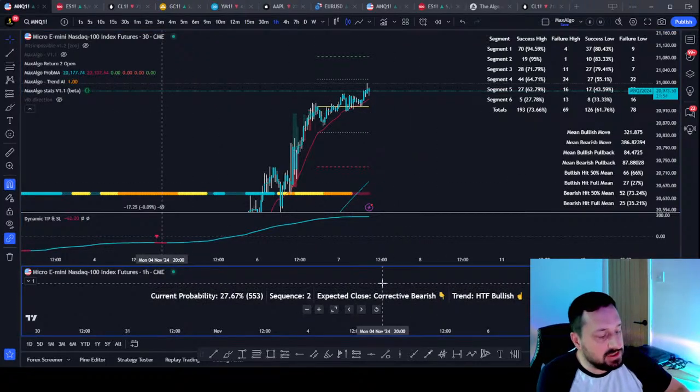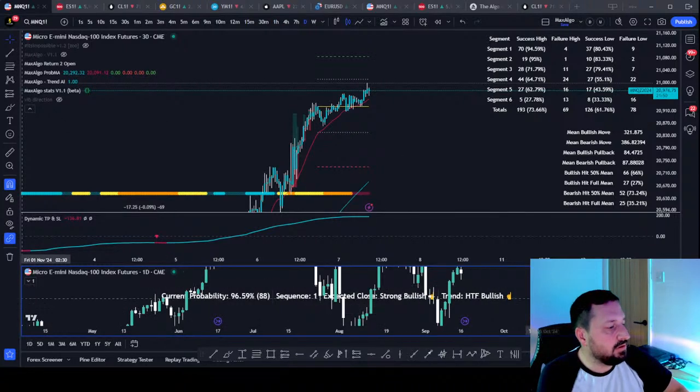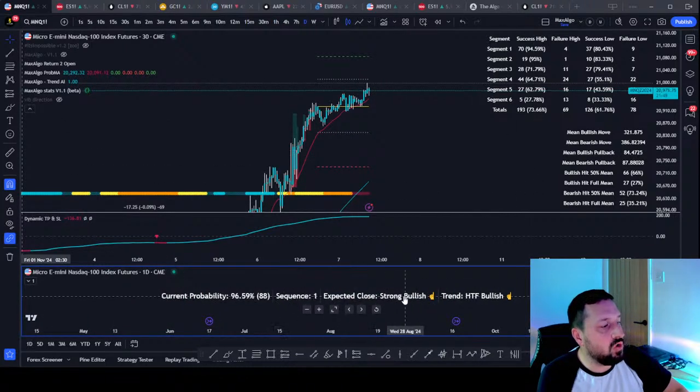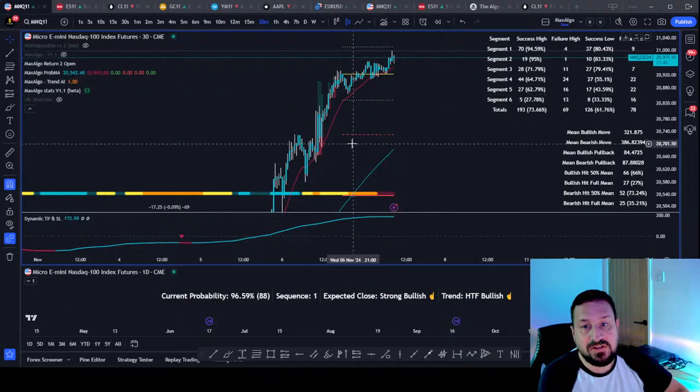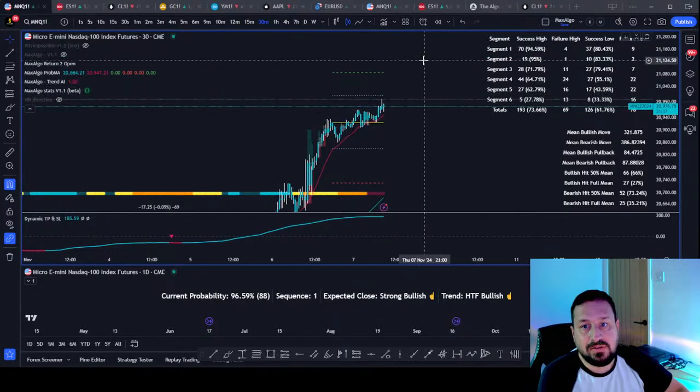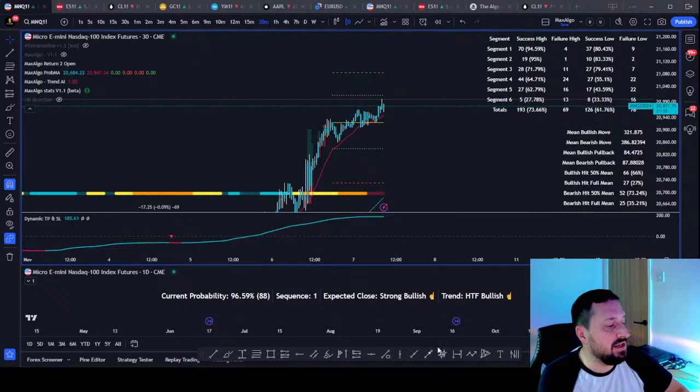So if we go on to our daily, we've got a sequence one of a strong bullish candle at the moment. So potentially, unless New York flips, then we'll see that change.